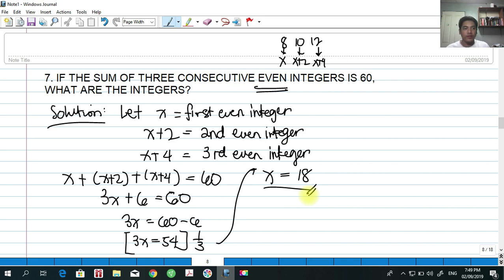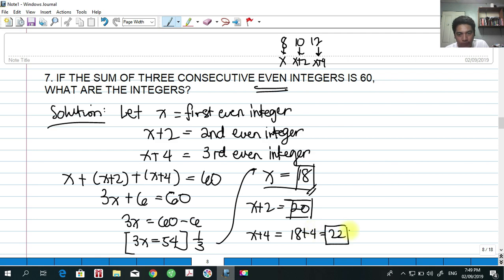So this is the first even integer. The second even integer is x plus 2, which is 20. And the third integer is x plus 4, which is 18 plus 4, which is 22. So that is our answer for this problem.